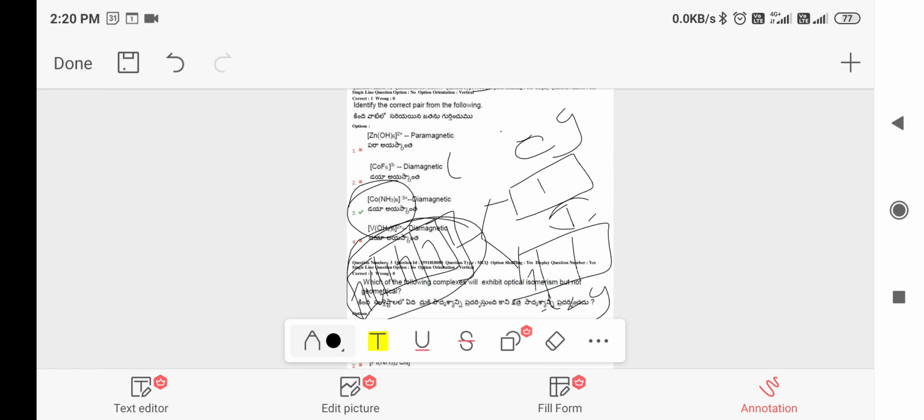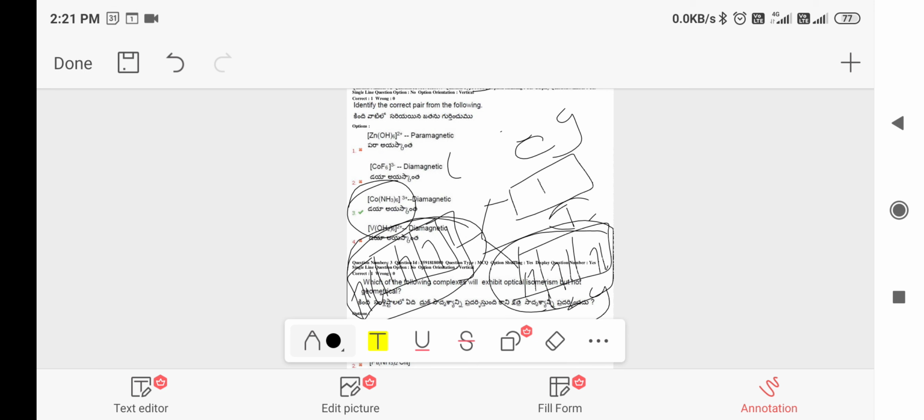So here we have 6 electrons, and pairing takes place only in the t2g level. If any electrons remain, only then they go to the higher energy eg level. Here none remain, so there are no unpaired electrons.